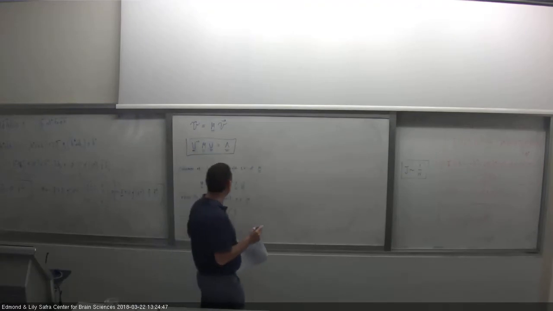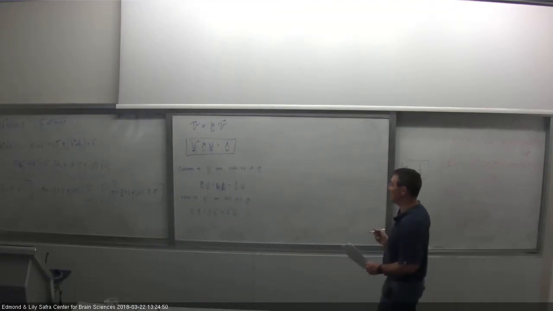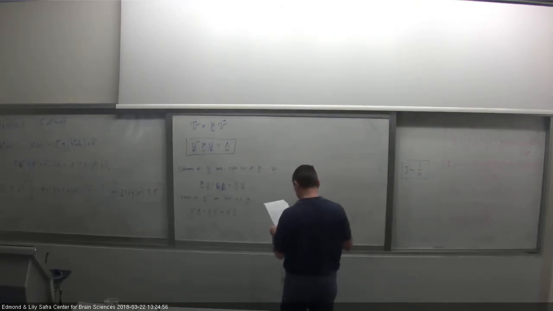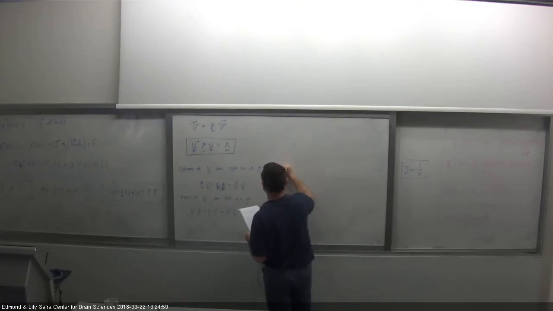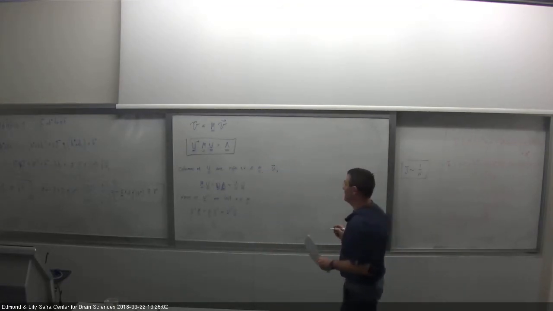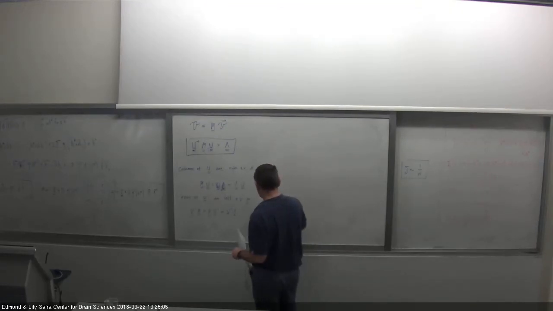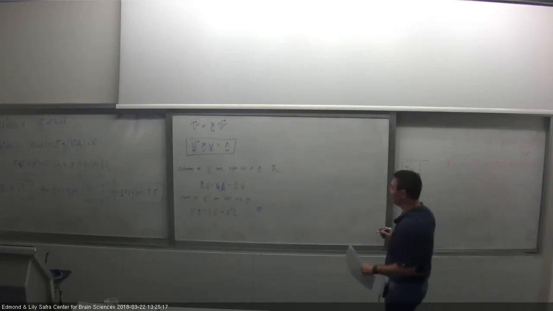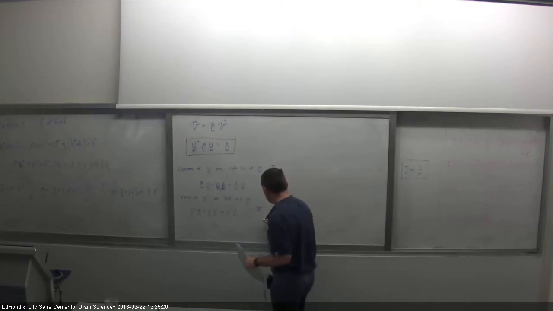So let's denote these right eigenvectors of M by ui, and denote the left eigenvectors by wi, and this also implies that w transpose i times uj is equal to delta ij.